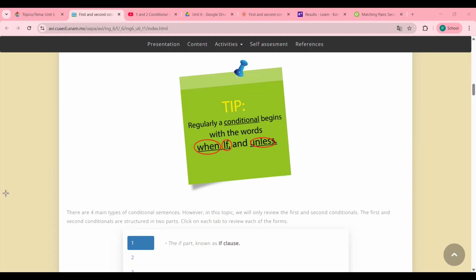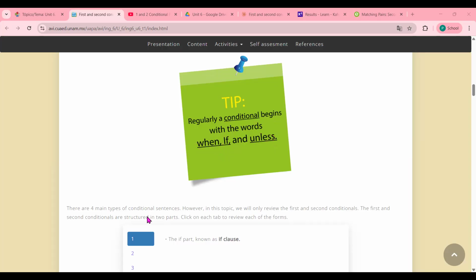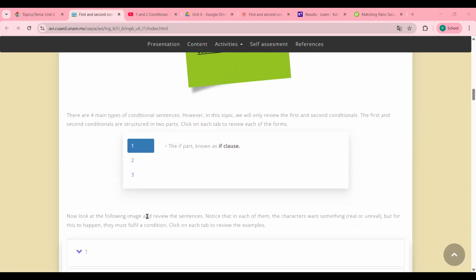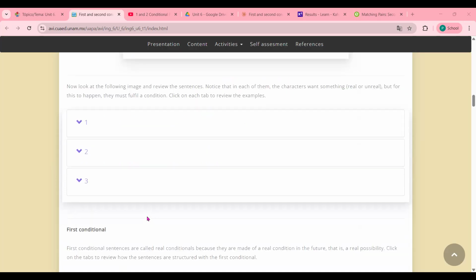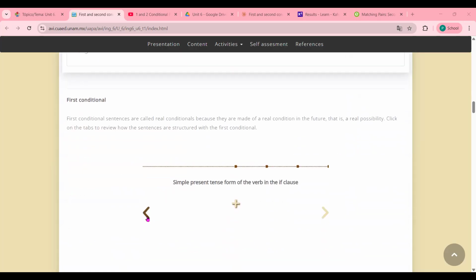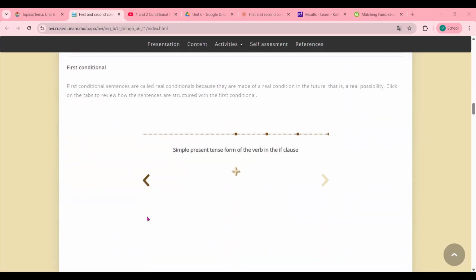That condition, my dear participants, needs elements. What elements?